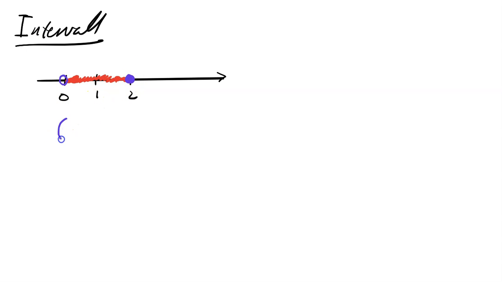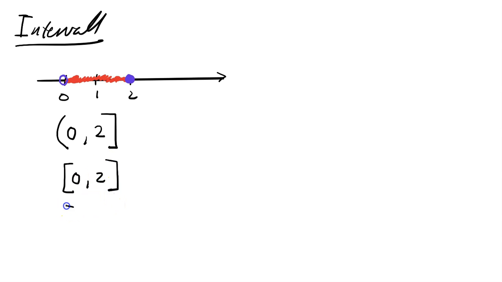And that could be written symbolically like this: from 0 to 2, and then I put this kind of parenthesis. This means that the endpoint 2 is included. This means that the endpoint is not included. So if both endpoints were included, I can write it like this.